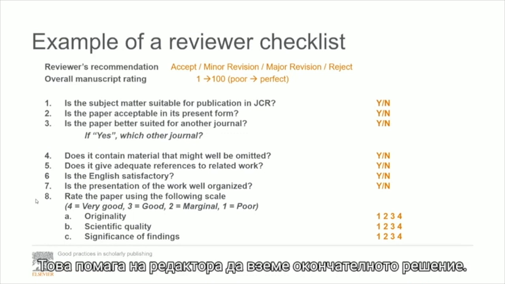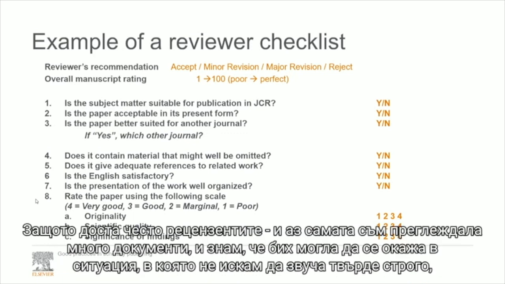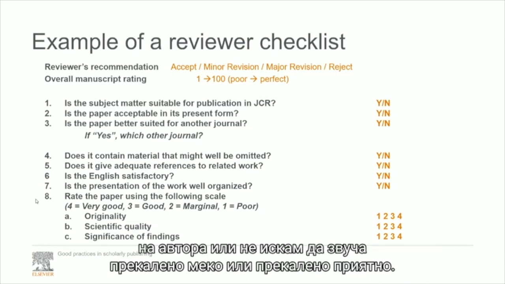And this helps the editor to make the final decision, because quite often the reviewers, and I've been reviewing many papers myself, I know I could find myself in a situation when I didn't want to sound too mean to the author, or I didn't want to sound too soft or too nice.